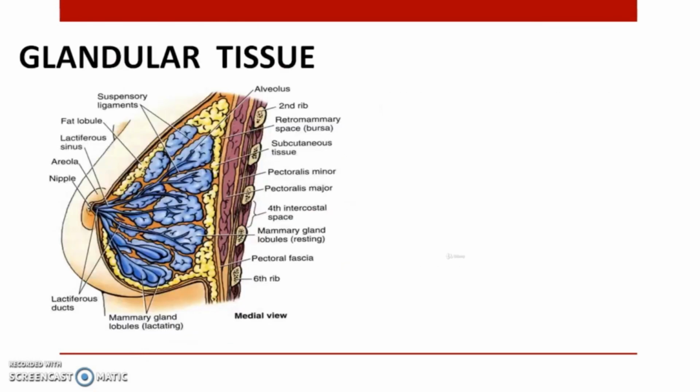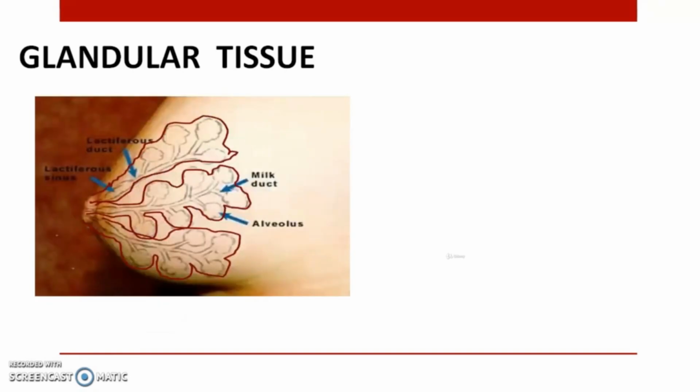Now we can move to the next topic, that is parenchyma. In parenchyma we will have glandular tissue which we are seeing in this picture. This is a cross-sectional picture. In this you can make out lobes, ducts, sinuses clearly, and these lobes and ducts together we call glandular tissue.